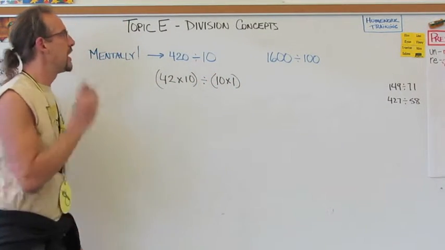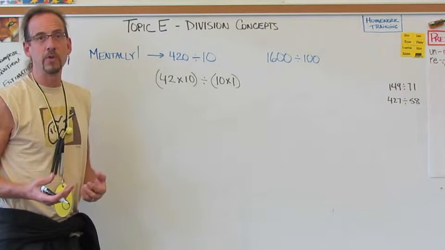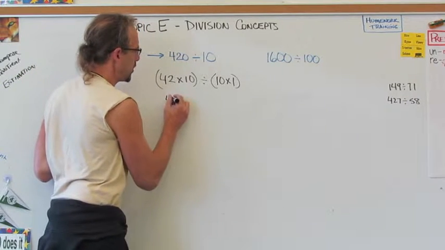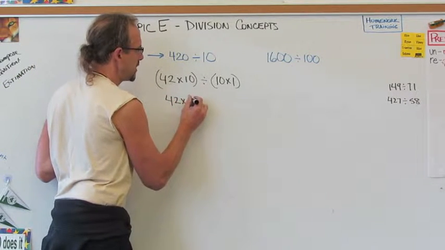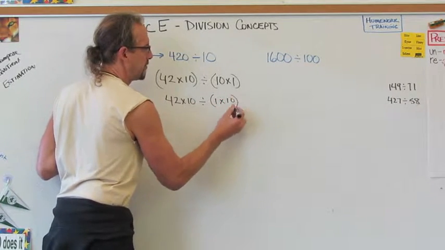Like this. And then we're going to use the commutative property and turn numbers around so that it is 42 times 10 divided by 1 times 10.